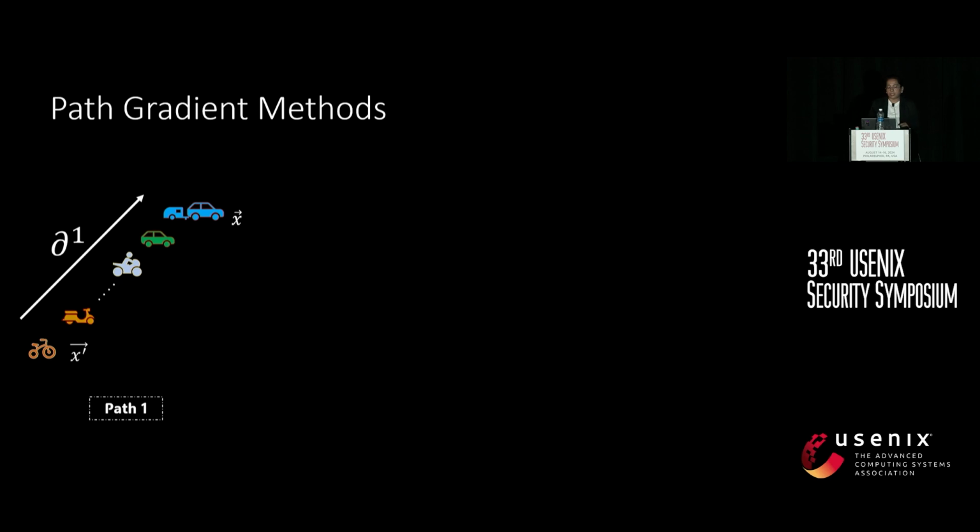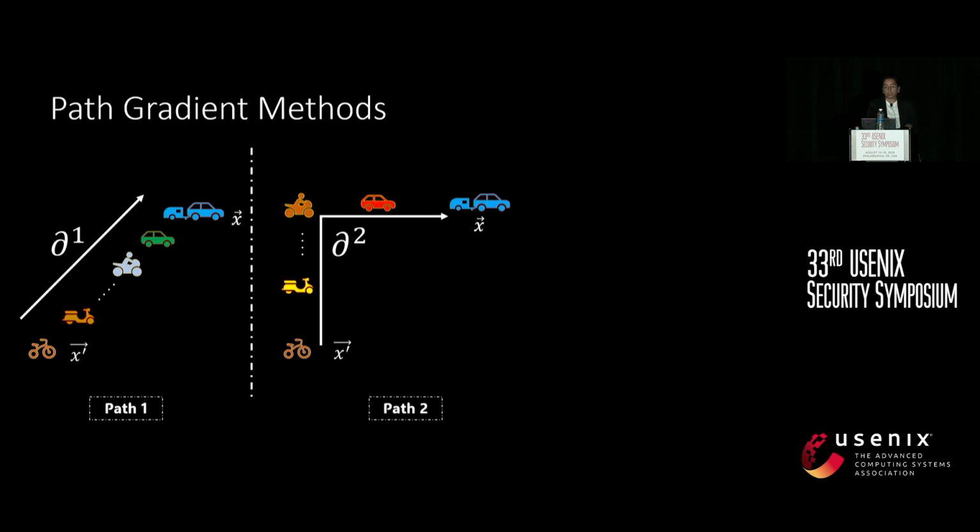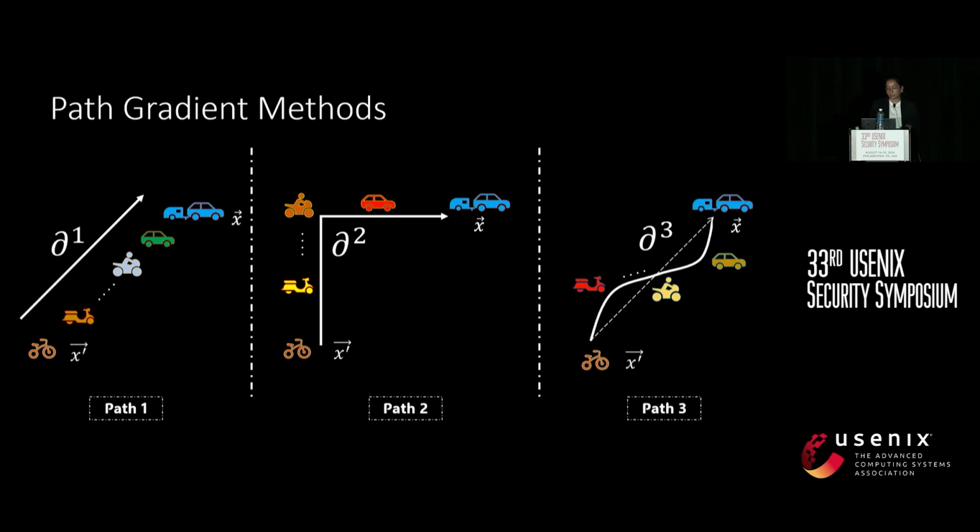The path means how the interpolation samples are computed between the baseline, x prime, and x. Based on the design of the algorithm, the interpolation samples can take any path. It can take the shortest distance between the baseline and the input, or it can take path 2, or path 3.